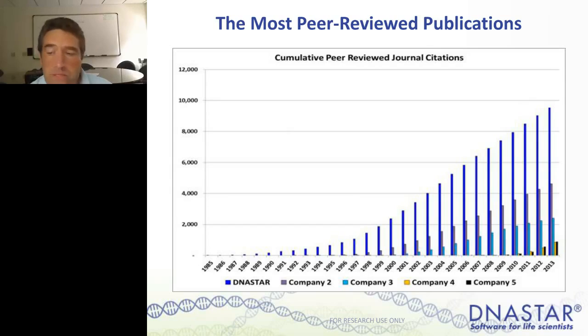So we've been in the business for a long time. We produce high-grade software, with a wide user base worldwide. And it's really been our goal to produce software that people can use for research and publish the data that they get with our software.